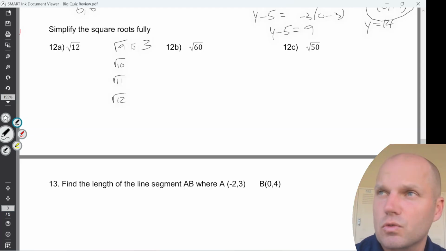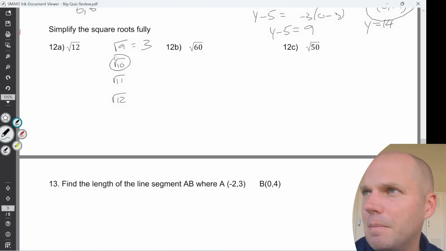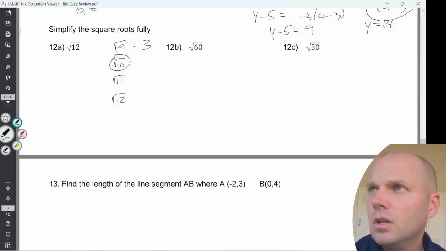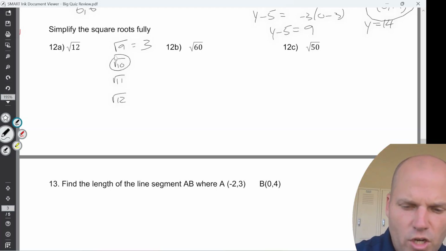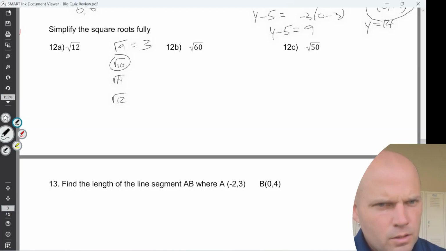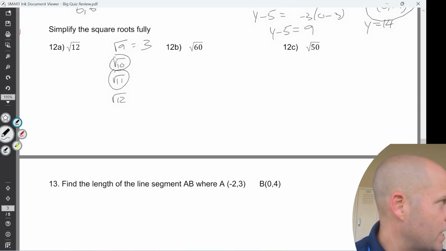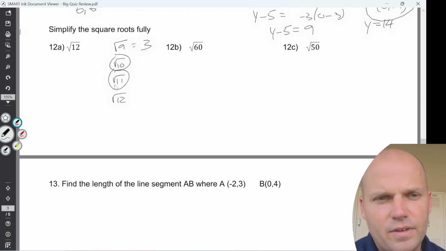The square root of 9 is 3 because 3 times 3 is 9. Some square roots we cannot simplify because it doesn't work out to be a nice number at all. Like, what number times itself equals 10? I don't know. That's the same for the square root of 11. Square root of 10, I'm leaving as the square root of 10. I don't know what that's equal to. Square root of 11, I can't.